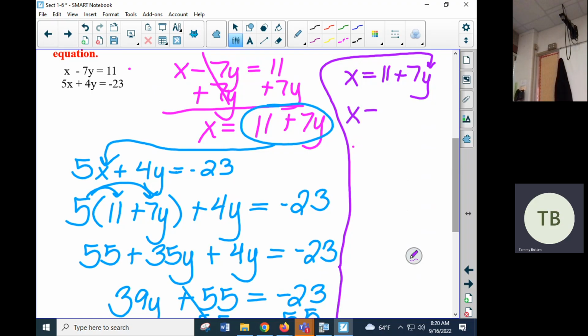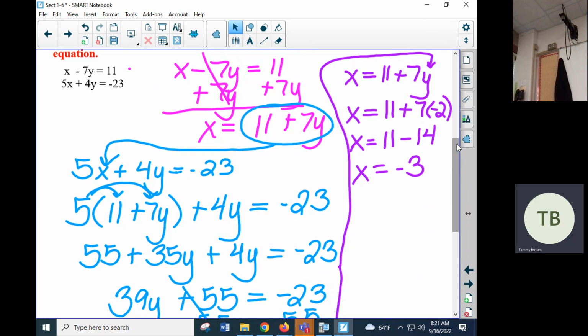So it'd be x equals 11 plus 7 times negative 2, which is 11. 7 times negative 2 is minus 14, which is a negative 3. So now your final answer, you would write that point as an ordered pair.